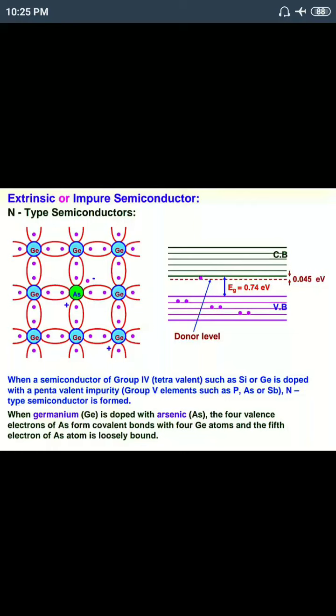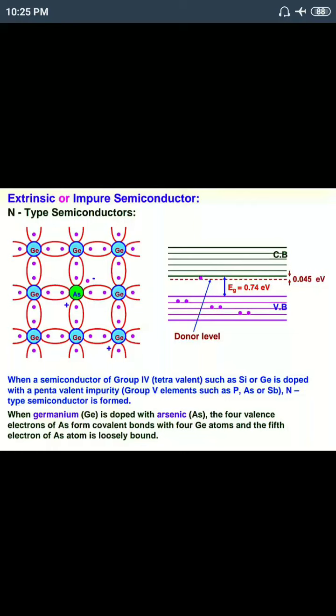If we draw an energy band diagram for the n-type semiconductor, from where does the semiconductor donate the electrons? From the conduction band. The donor level, where the free electrons exist, lies very near to the conduction band.